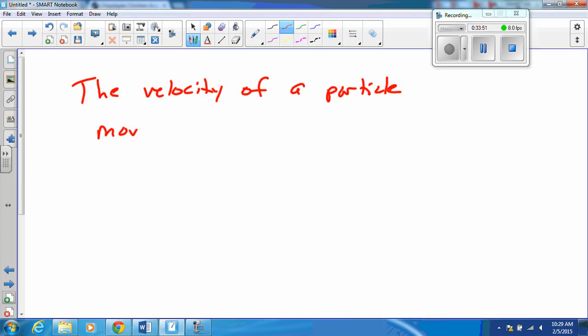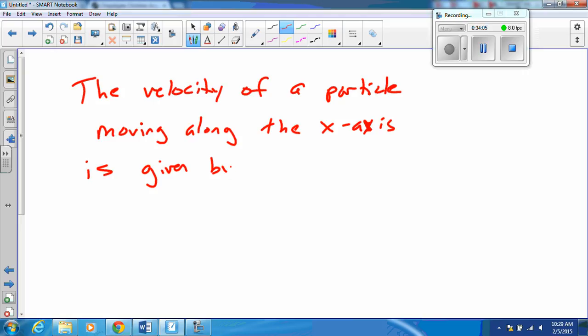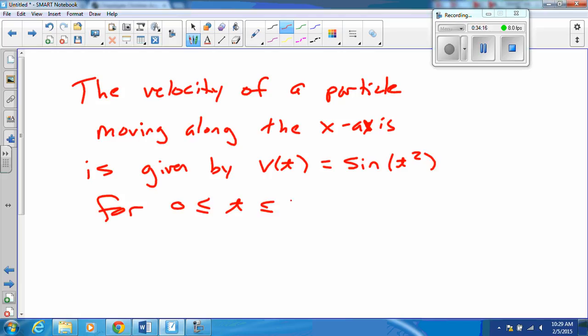The velocity of a particle moving along the x-axis is given by v of t equals sine of t squared for t's between 0 and 4.